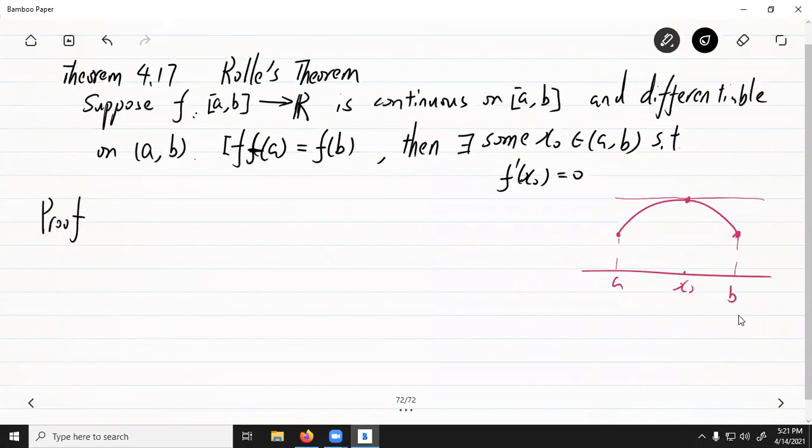So we know that if a function is continuous on a closed interval, that means we can obtain the maximum values and the minimum values, right?